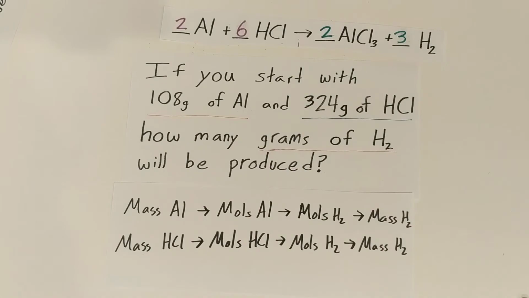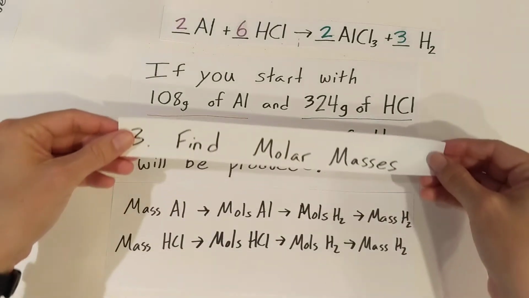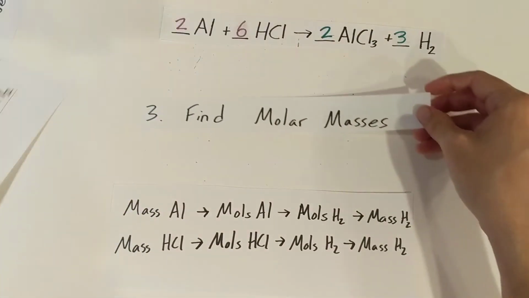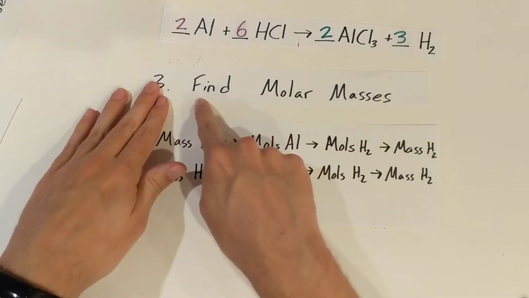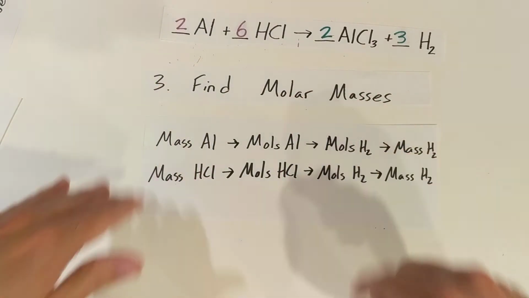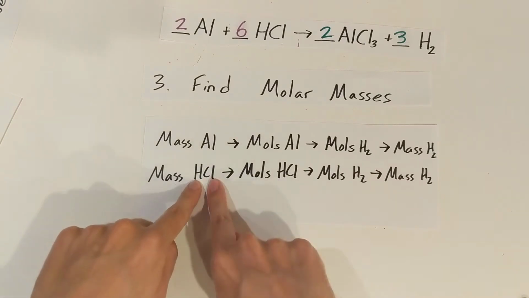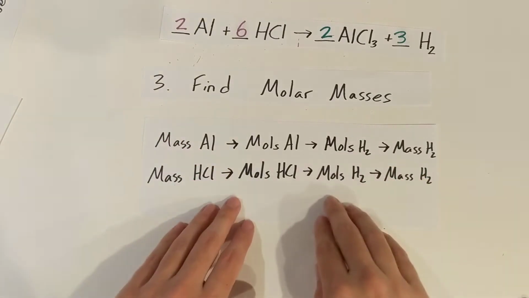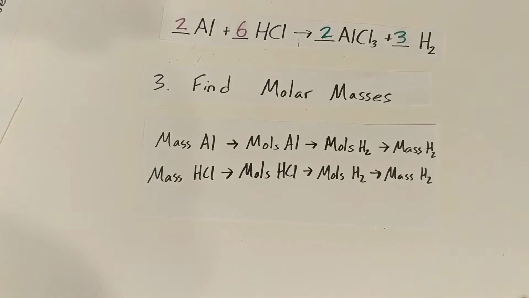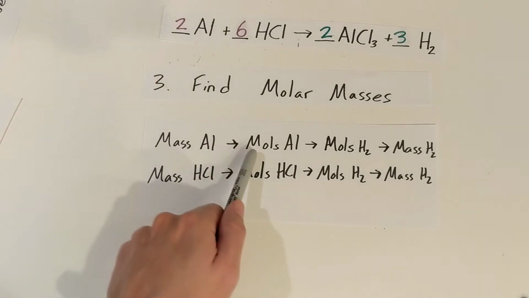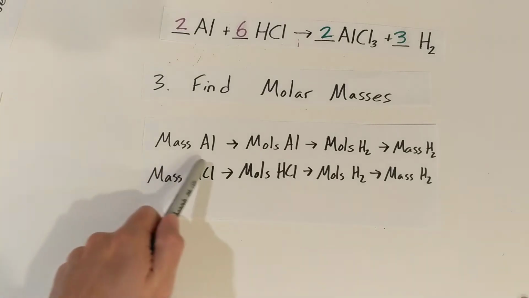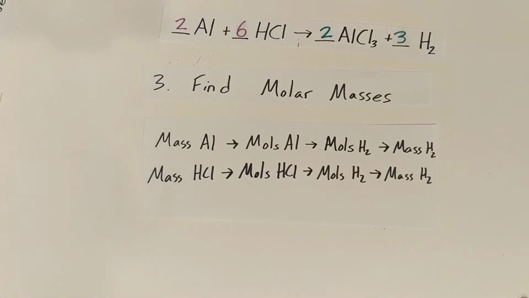The next thing we have to do is to find, and I could even move this question out for a second, we have to find the molar masses of every compound or element in our map right here of our problem.